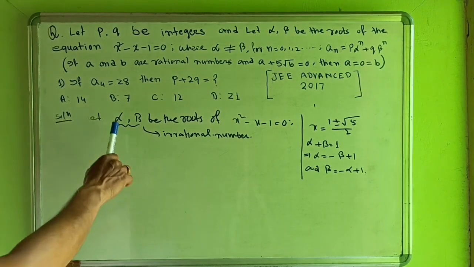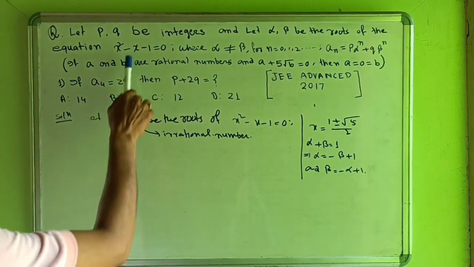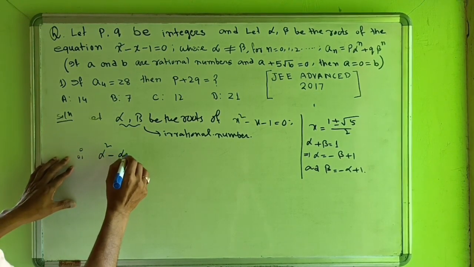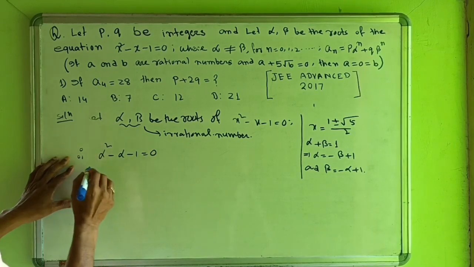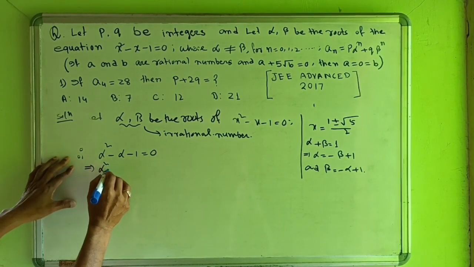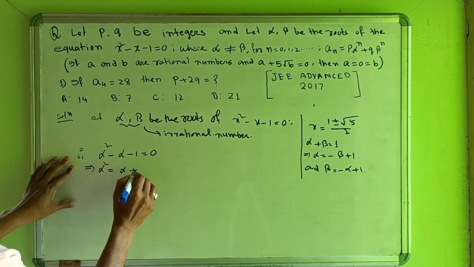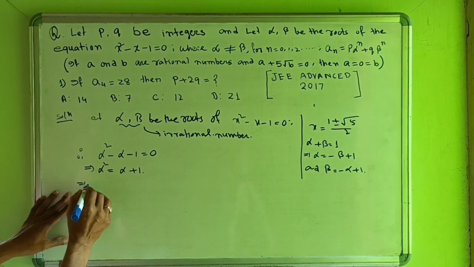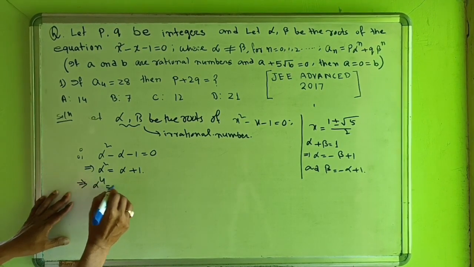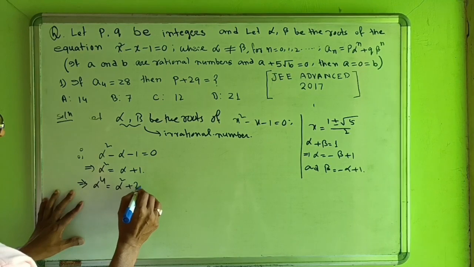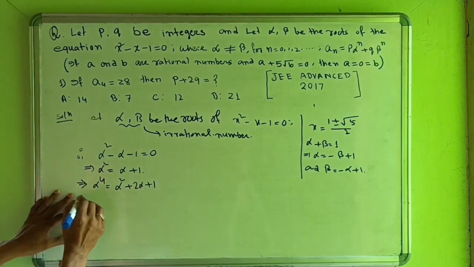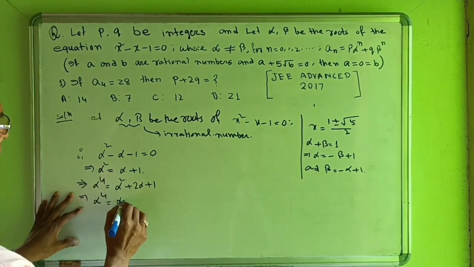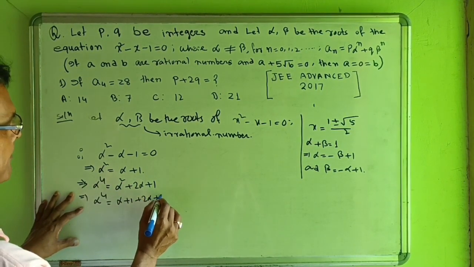Again, alpha and beta are roots of this equation, therefore alpha satisfies this equation, so we get alpha square minus alpha minus 1 is equal to 0. This implies alpha square is equal to alpha plus 1. If we square it, then we get alpha to the power 4 is equal to alpha square, that is, alpha plus 1 plus twice alpha plus 1.